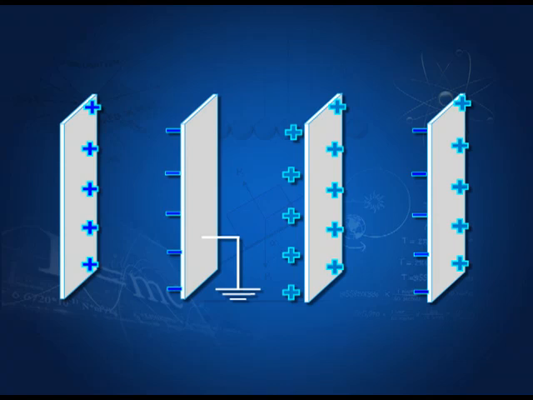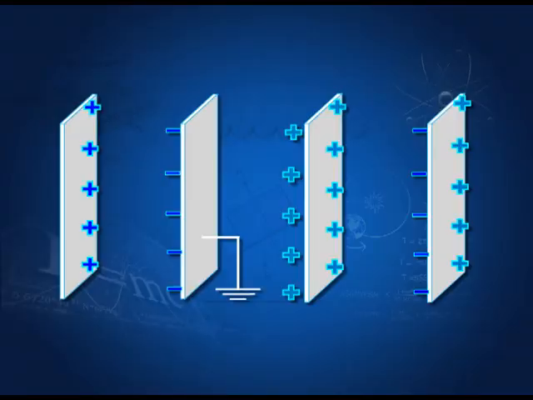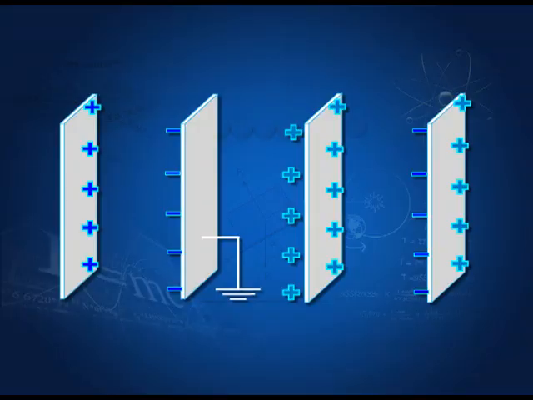So, we have two sheets facing each other, carrying positive charge on this side and negative charge on this side. Because of this negative charge, the potential of the positive plate is partly balanced, and therefore the potential is slightly reduced.